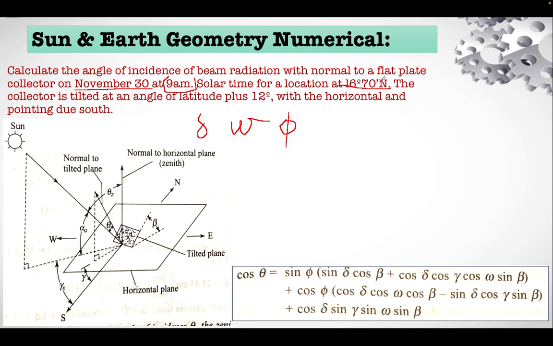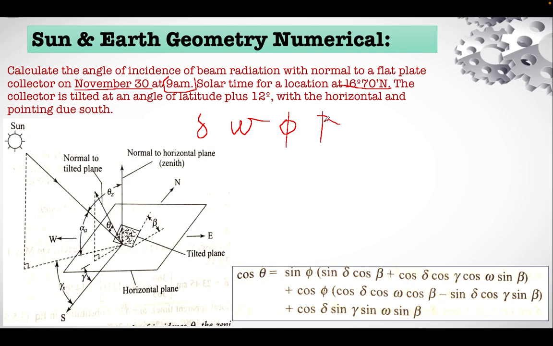Before using that value, check it and convert it totally into degrees. Then the tilt angle, beta, is latitude plus 12 degrees. So that is 16 degree 70 minutes plus 12 degrees.